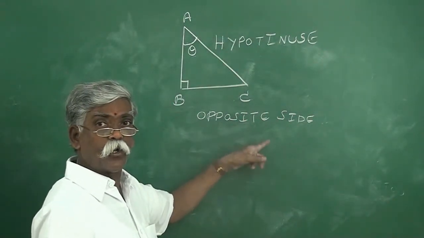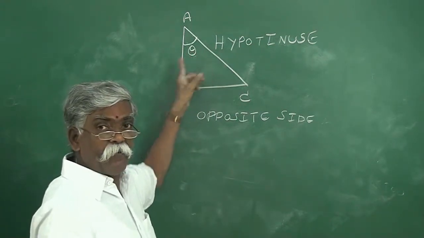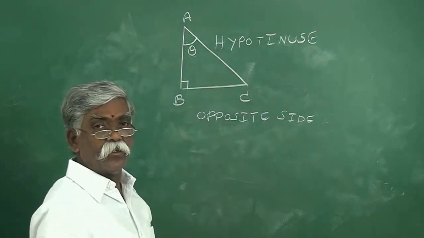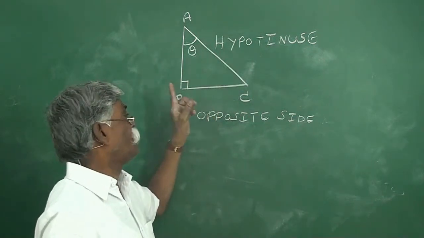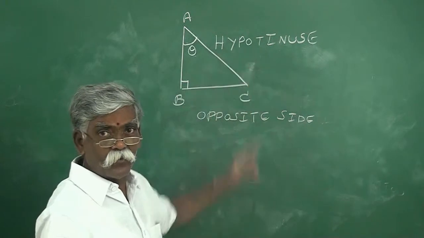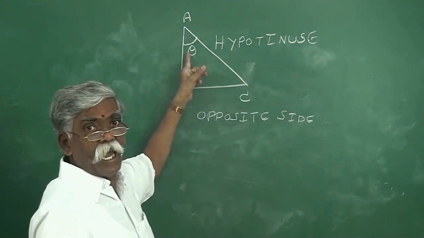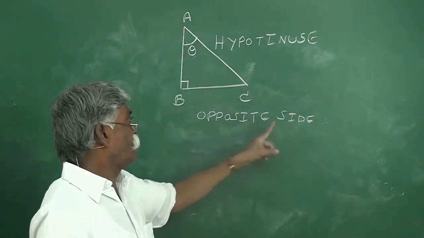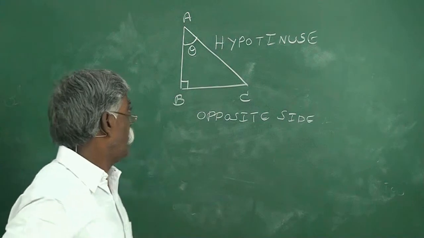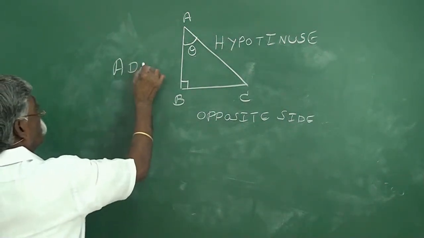This is the side opposite to the selected acute angle of a right angle triangle. So therefore, the side opposite to the right angle is called the hypotenuse, and the side opposite to the selected acute angle of a right angle triangle is the opposite side, and the remaining side is called the adjacent side.